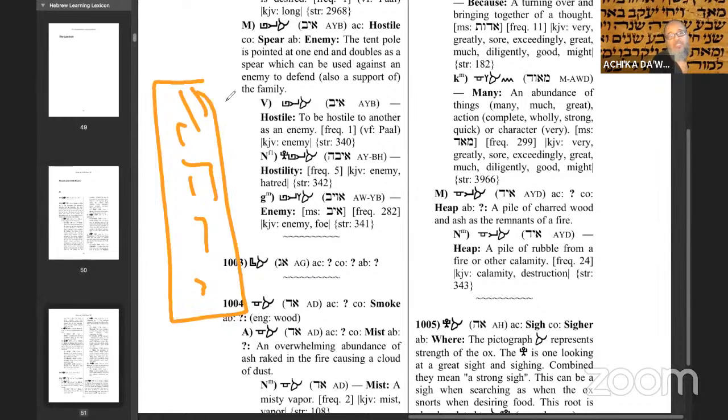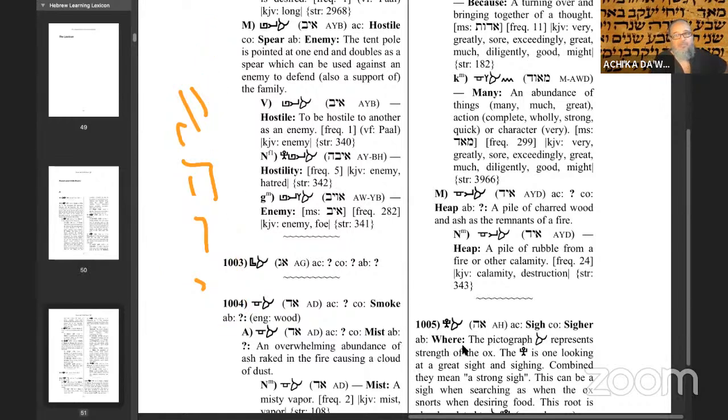Okay. So if these are legitimate children, what would a 3-letter root look like for an adopted child? I'll put a word up here and you tell me if it is a legitimate child.